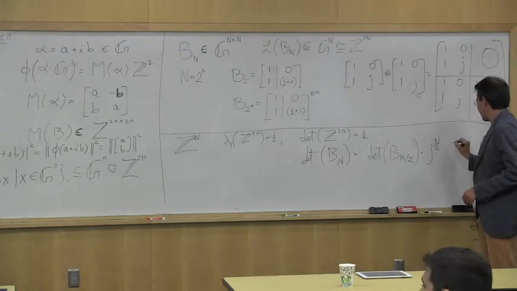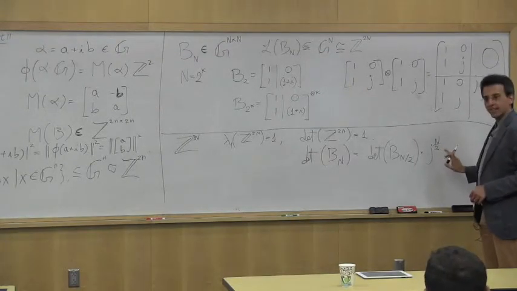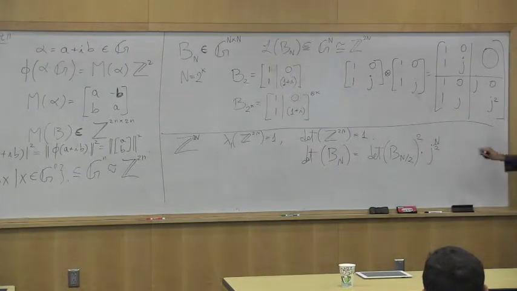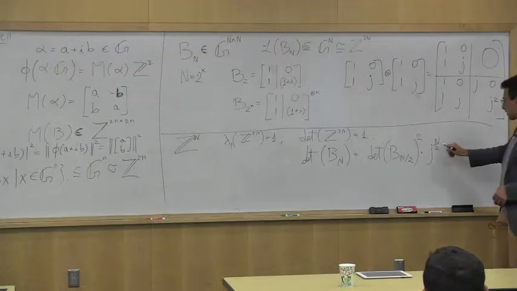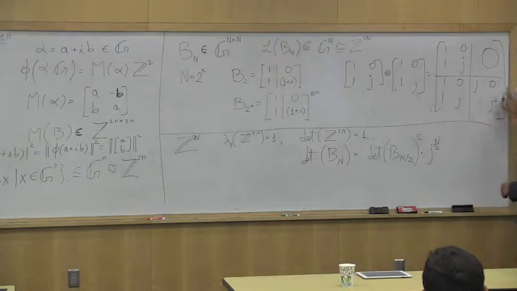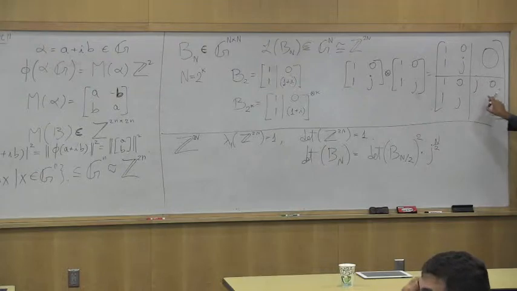This one gets squared because we have it again. So is this J to the n over 2? No, there is an exponent because this one is not just a scalar matrix. We are multiplying by J all of its coordinates.